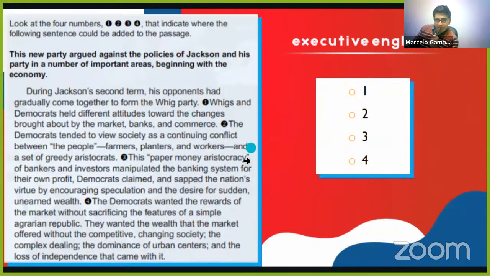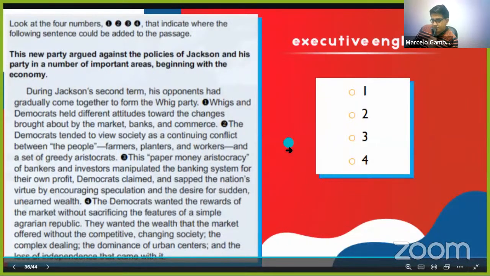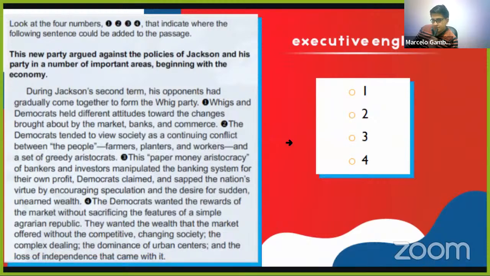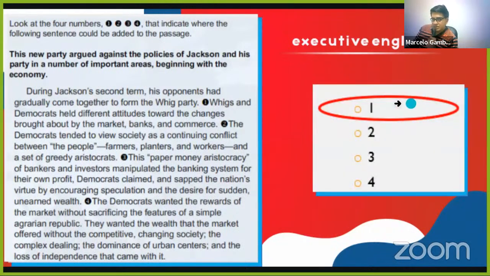That's the meaning of sap. Any other word here that you don't understand? You understand everything. Okay. That's number 1.